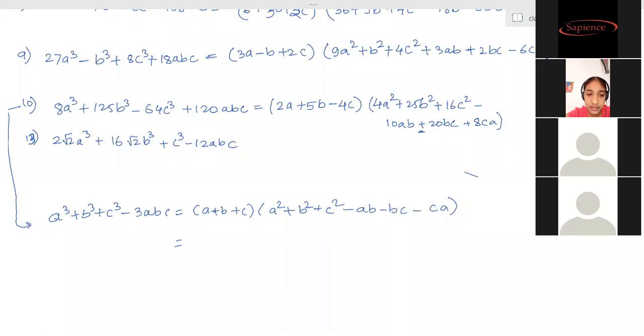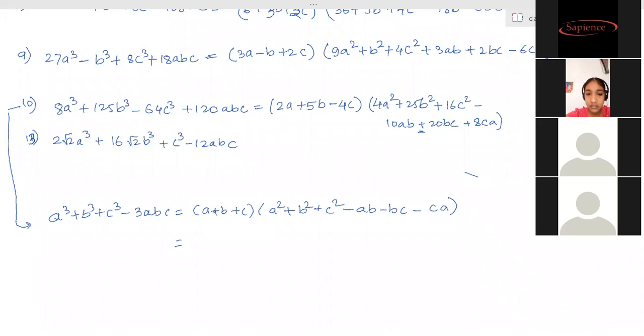Ma'am, I'm not able to. How have you done that? You told the answer right now. Ma'am, I did 2A cube, that's 8A. 2A cube plus 5B cube plus bracket minus 4C cube plus 3 into 2A into 5B into minus 4C.